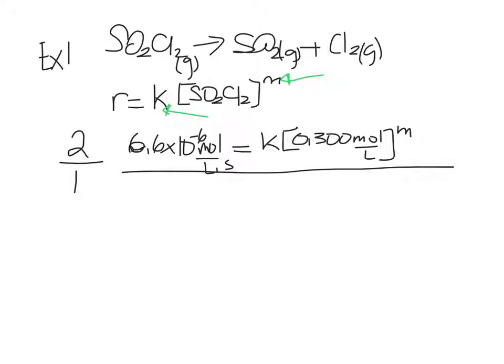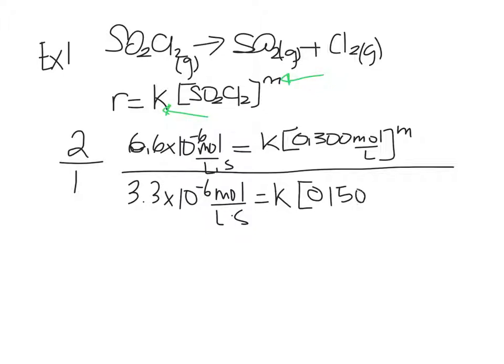So the rate was 3.3 times 10 to the negative 6 mole per liter per second. And this was equal to some constant K times the concentration to some exponent M.